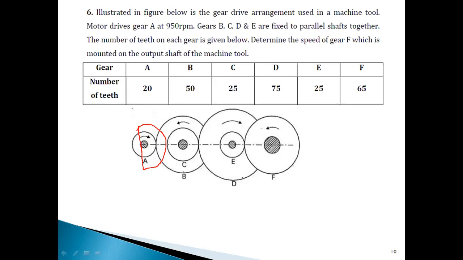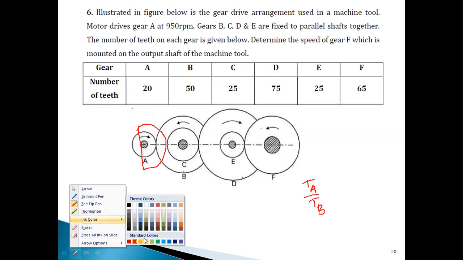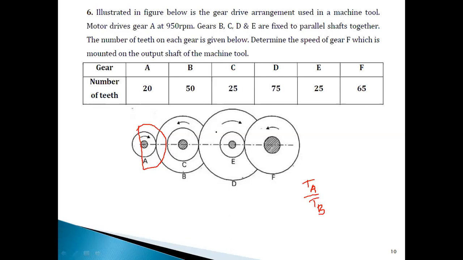So A becomes your driver, that is TA divided by TB. Now, what is our second combination? Let us see one by one all the combinations. Then only you will understand how we are solving this one. Second combination is between C and D, that is at this point.